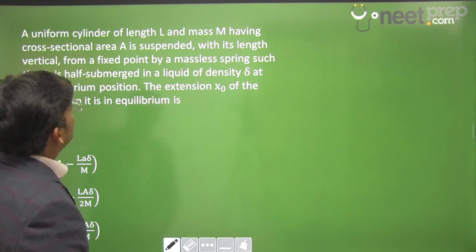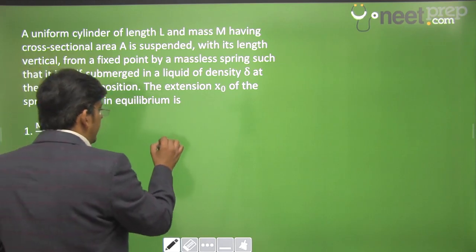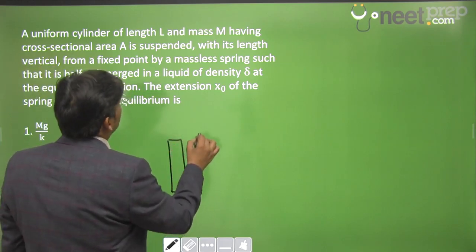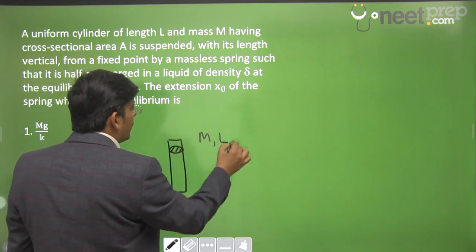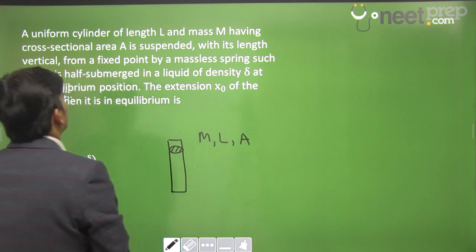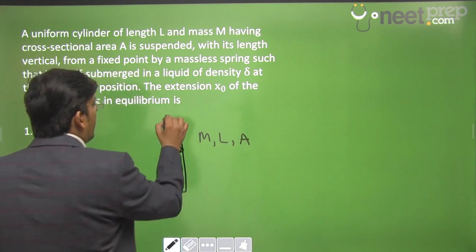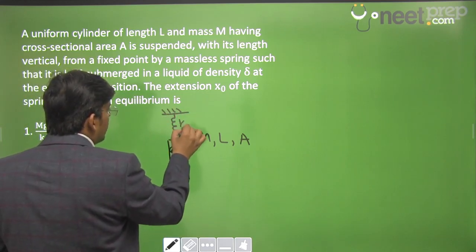A uniform cylinder of length L and mass m having cross-sectional area A. There is a cylinder, right? Mass of the cylinder is m, length is L, cross-section area is going to be A, dear students. It's suspended with its length vertical from a fixed point by a massless spring. It rather appears to be like SHM.